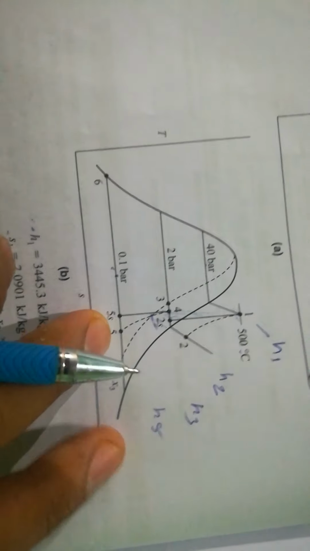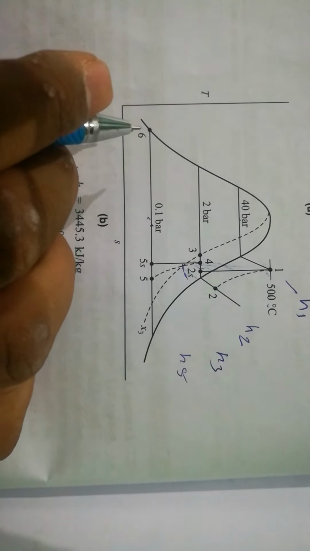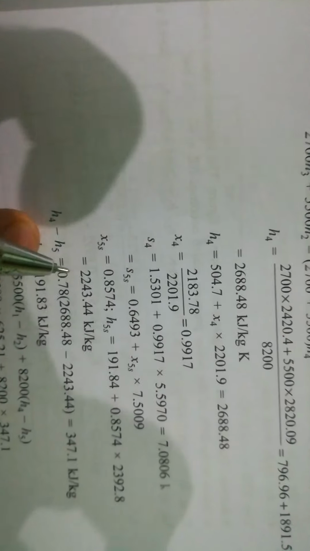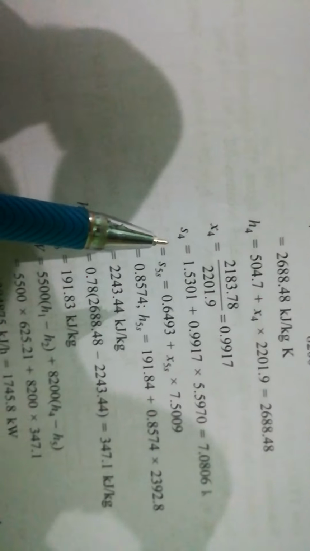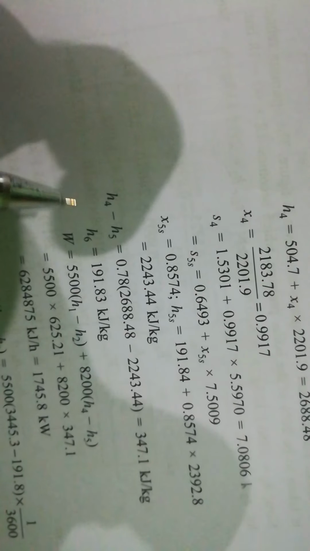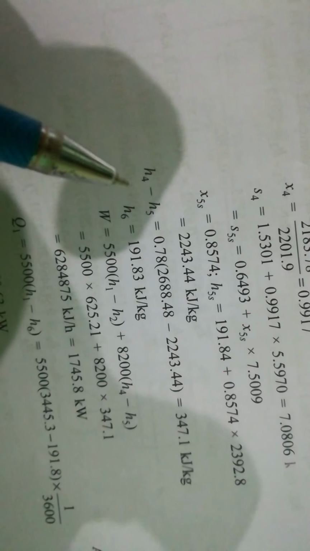These are the points, and this is H6: 1, 2, 3, 4, 5, 6. Now from here we can calculate x4, then s4, then 5 and 6. All points can be calculated from the given diagram.